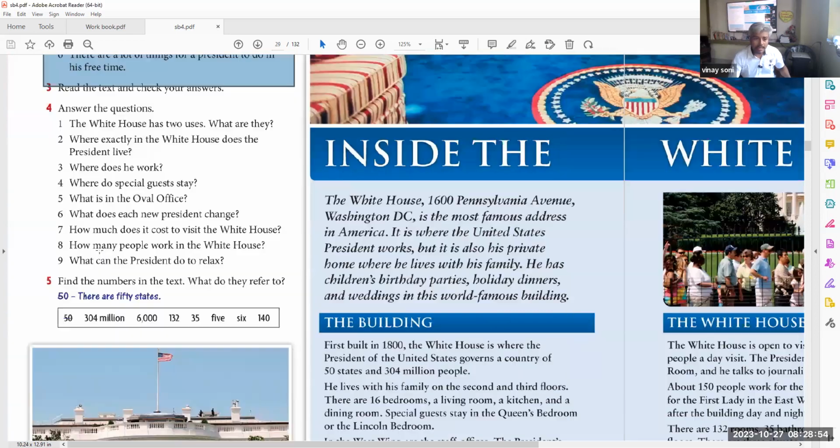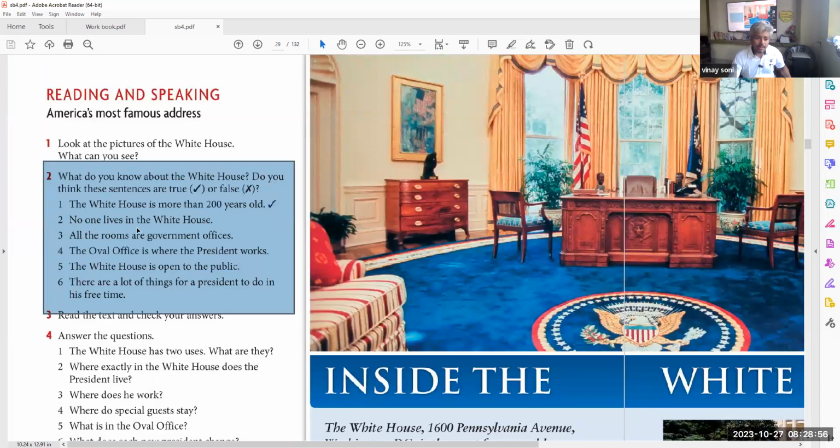Okay. And no one lives in the White House. What do you think? Somebody lives there or nobody lives there in the White House? What's your opinion? You don't know, no problem. हमें पता है कि आपको आज तक स्कूल में आपकी राय नहीं पूछी किसी ने, लेकिन मैं पूछता हूं, मुझे जवाब दिया जाए, ठीक है?